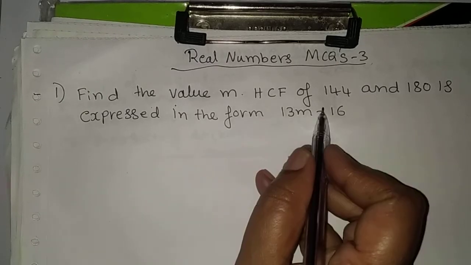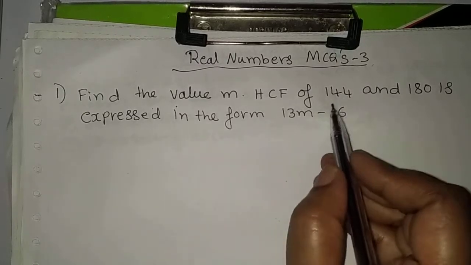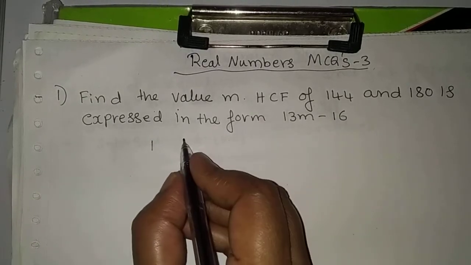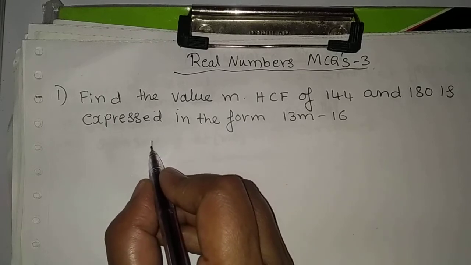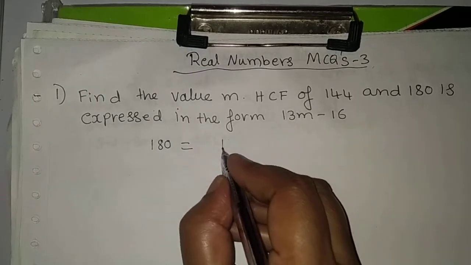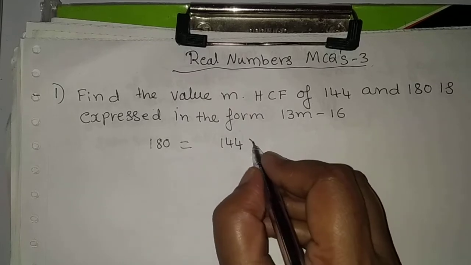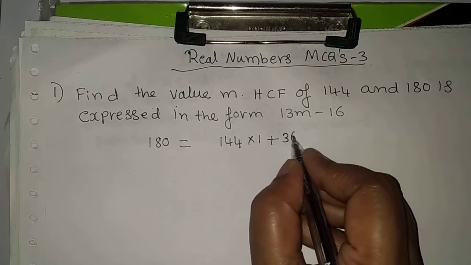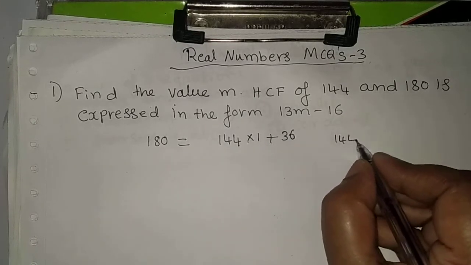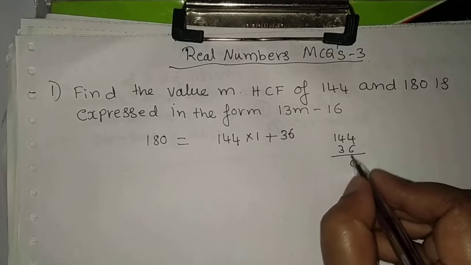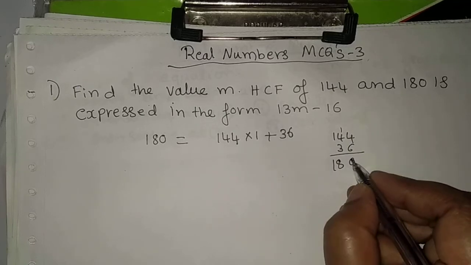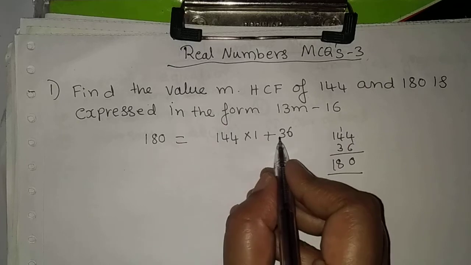So take the numbers given, 144 and 180. We'll take this and find the value of m. 180 is equal to 144 into 1 plus 36.